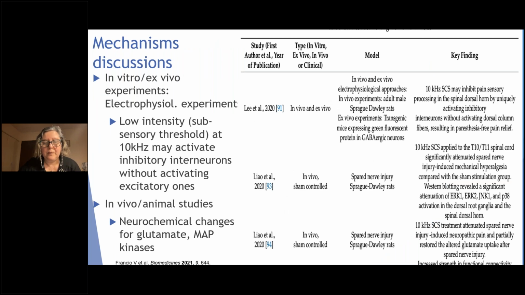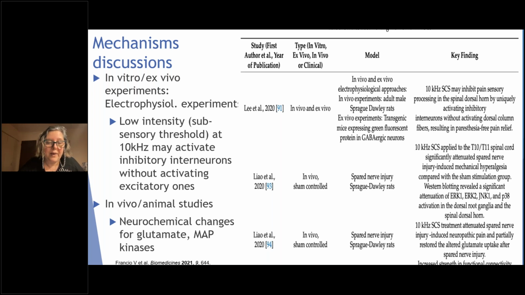Those mechanisms of action were described based on in vitro and ex vivo experiments on animals, primarily adult male Sprague Dawley rats. Basically what was found and suggested is that a low intensity, subsensory threshold stimulation at the frequency of 10 kilohertz may activate the inhibitory interneurons without activating the excitatory ones.